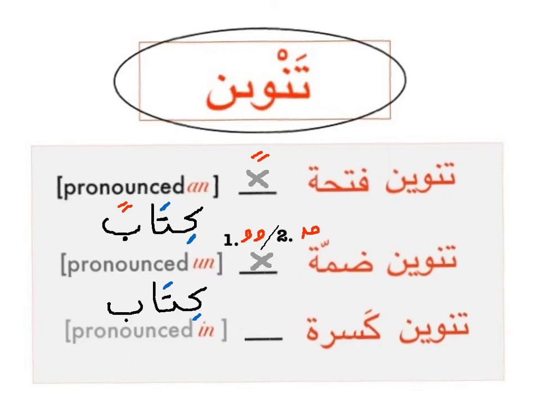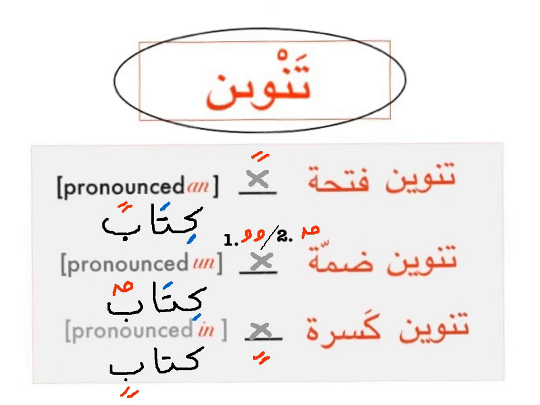For instance, again in the word Kitab, when we add Tanween Dhamma, we pronounce it Kitabun. This type is Tanween Kasra, which we write as two Kasra next to each other, like this. For instance, the word Kitab, when we add Tanween Kasra, we pronounce it Kitabin.